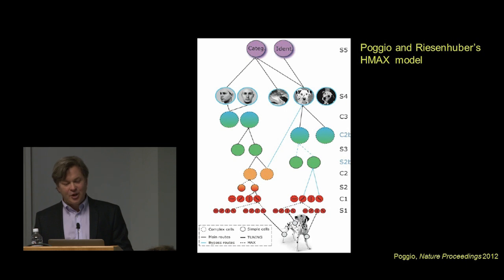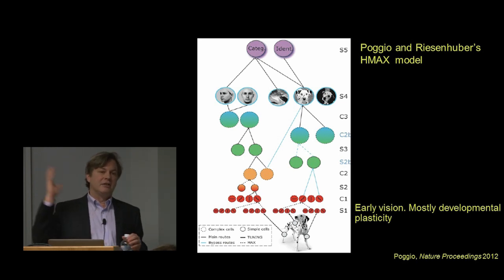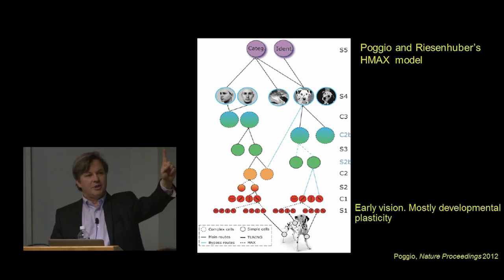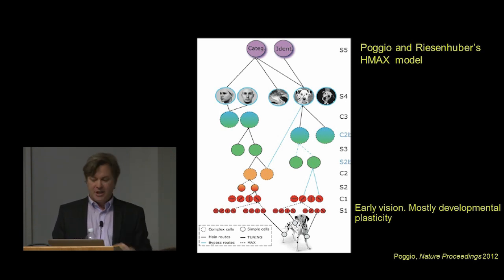And it's a nice thing to go back to what Christoph showed last week, Poggio and Riesenhuber's Hmax model, which, if you remember, had a hierarchy from, at the bottom, early vision, just primary visual cortex neurons, like simple cells that create the receptive field property of orientation selectivity to first approximation, and then the neurons that, to first approximation, abstract that quality and make it more general, rather than encoding a vertical bar right here, encoding vertical bars that might exist anywhere in a region of space. So abstracting the idea of vertical in the complex cells.